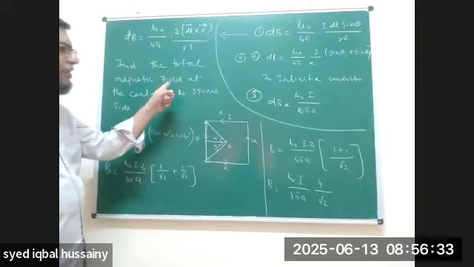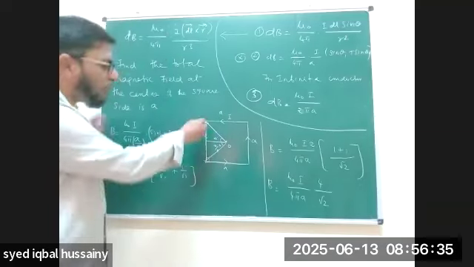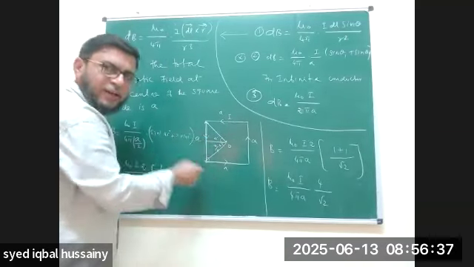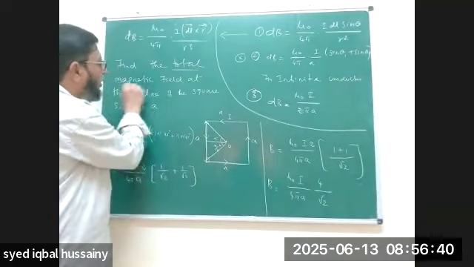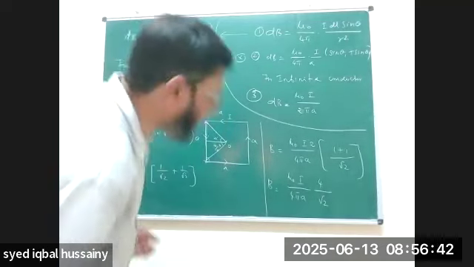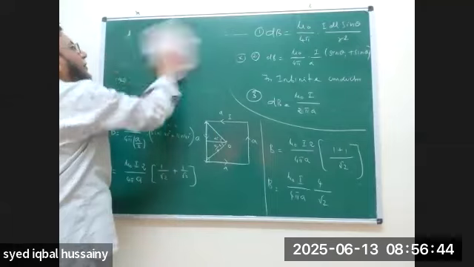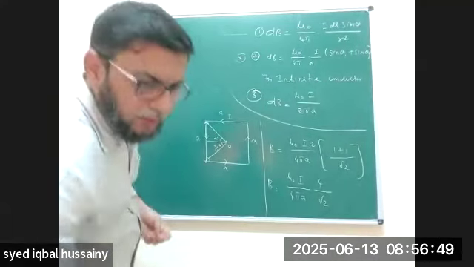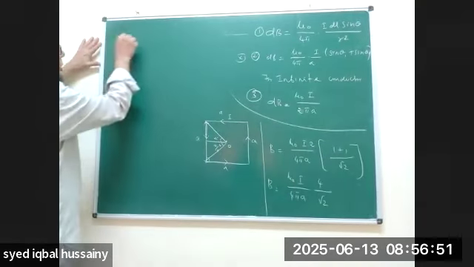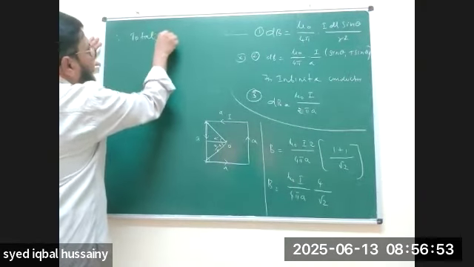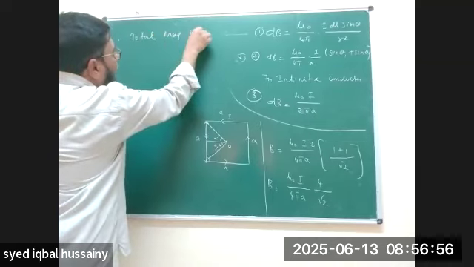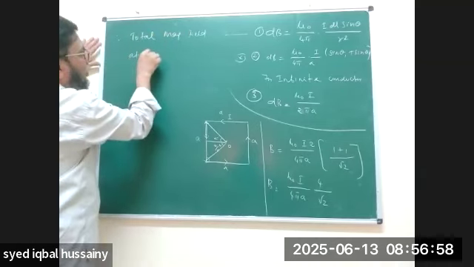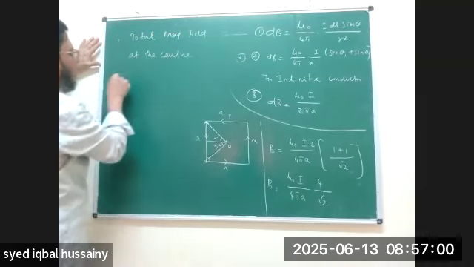Now, 1 minute. The question is the total magnetic field. The question, children look, is not for one conductor but for the square. So you should write now the total magnetic field at the center. So write down: total magnetic field at the center.